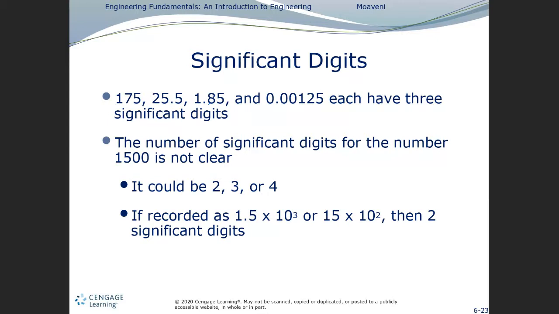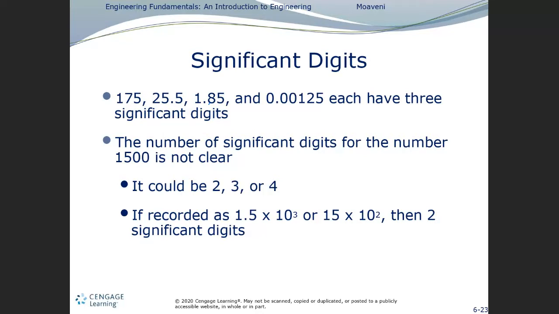How many significant digits is in that one? Some people may say 4, some may say 2, but it's not clear. Because it could be 2, 3, or 4, you say it's undefined. It needs a decimal to be clear. So you make it undefined, or you list 2, 3, or 4 and say not clear.